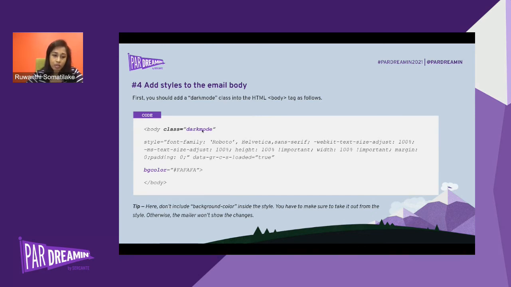And don't worry about these styles. What I want to say is, don't add background color inside this style tag. Take it out like this and use it like here. Otherwise you can't see any changes in your preview mode.